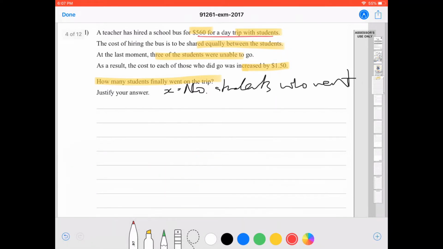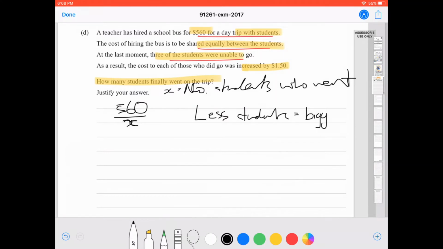And if the cost of hiring the bus is to be shared equally between the students, then your base equation is 560 over x. That's the idea here. But it says at the last moment, 3 of the students were unable to go. As a result, the cost to each of those who did go was increased. That's another concept. So less students equals bigger costs.